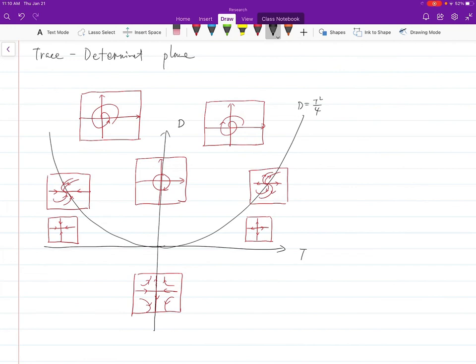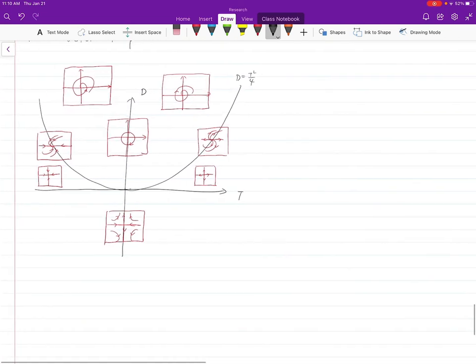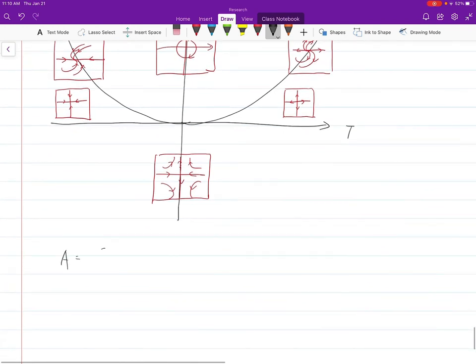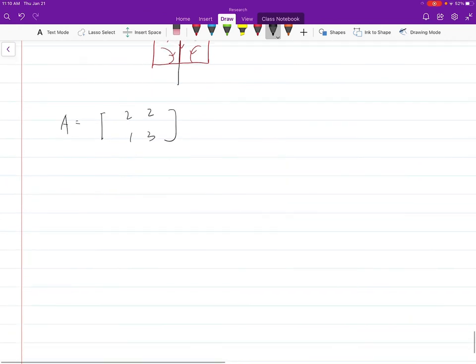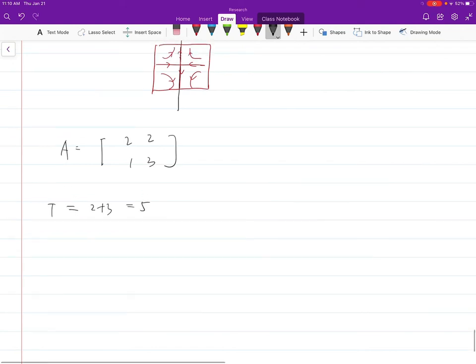All right, now let's take a look on how to use it. Let's say we got a system. We know A is going to be 2, 2, 1, 3. Before, in order to know which kind of behavior you have, you had to complete the whole process to calculate lambda and everything. But this time you don't have to. You just look at T, which is 2 plus 3 equals 5. You look at D, which is 2 times 3 minus 1 times 2, which is 4.